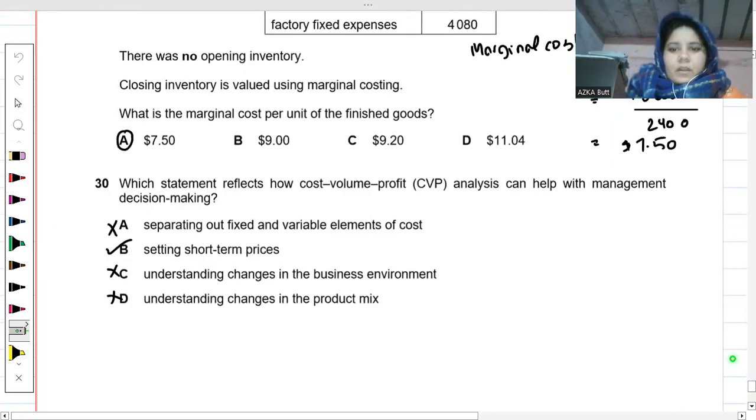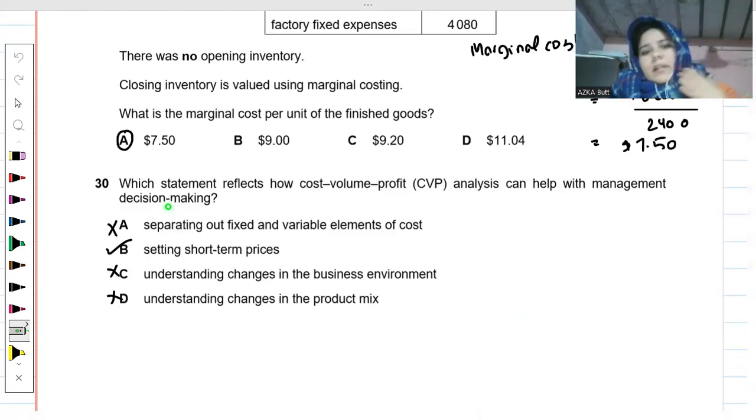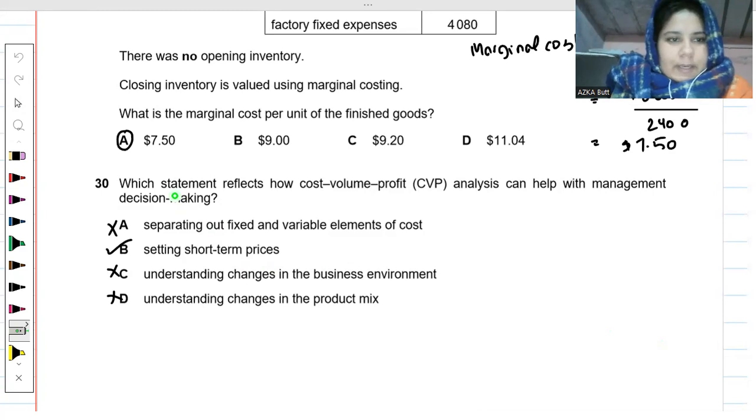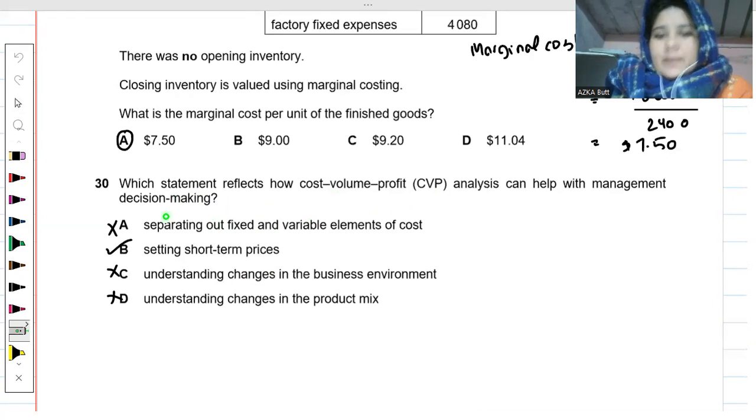So first of all, in MCQ number 30, the examiner says, which statement reflects how CVP analysis can help with management decision making. This CVP analysis is basically your break-even chart.